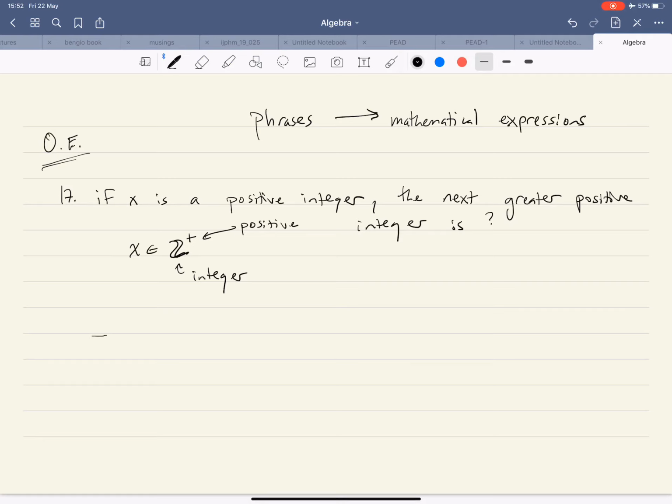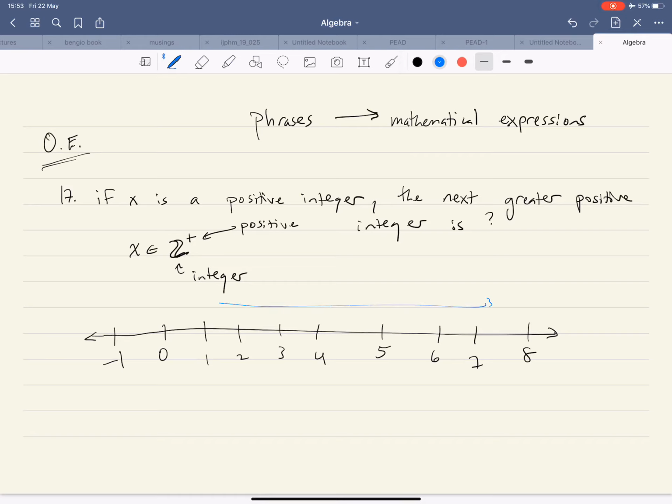Well, if I think about what this means, I've got some number line here, and somewhere on this number line is going to be x. It could really be anywhere on this part of the number line, right?